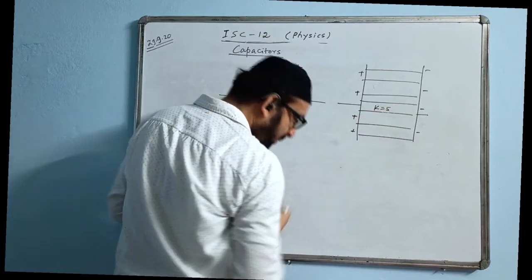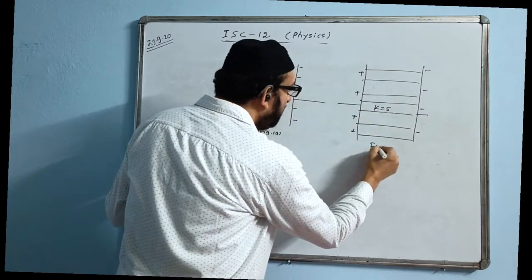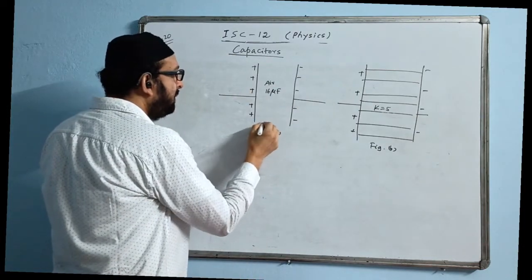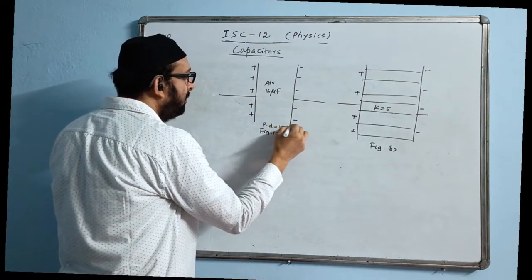K equal to 5. Figure B. Here PD equal to 100 volt is given.